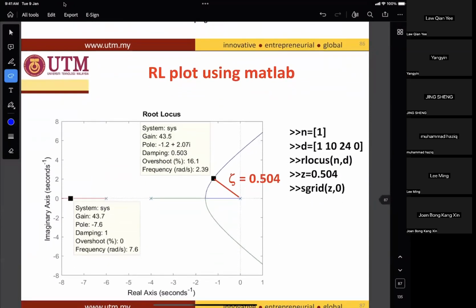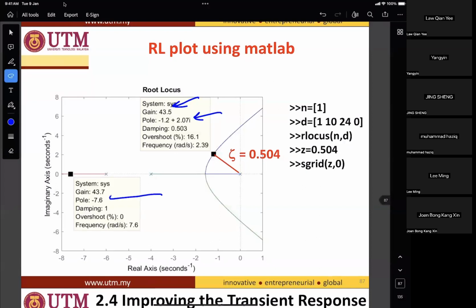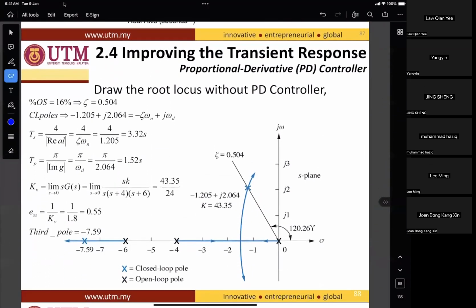So you will get a gain of 43.5, dominant pole at minus 1.2 plus j 2.07, damping 0.5. And this is the third pole. Then we try to find the settling time.